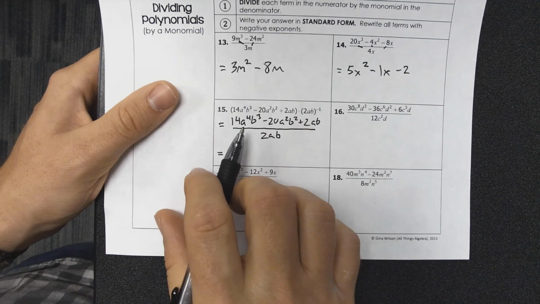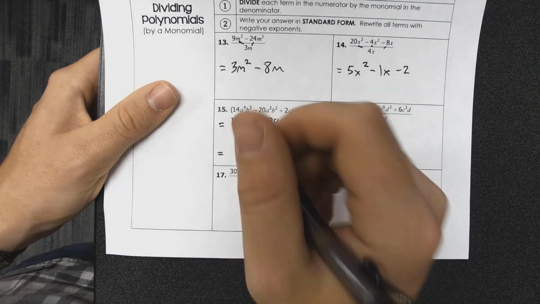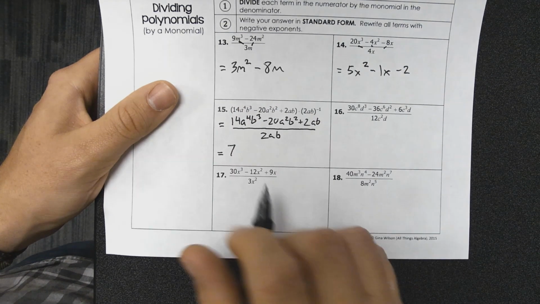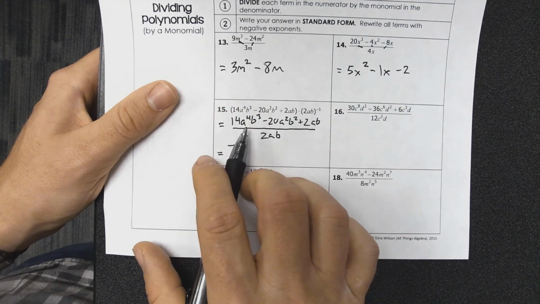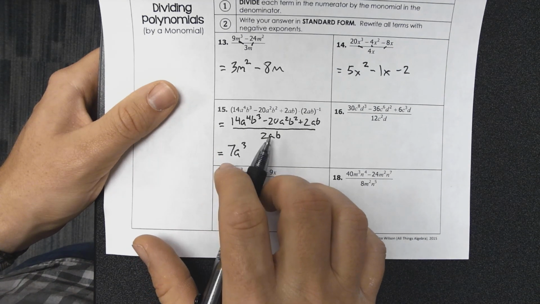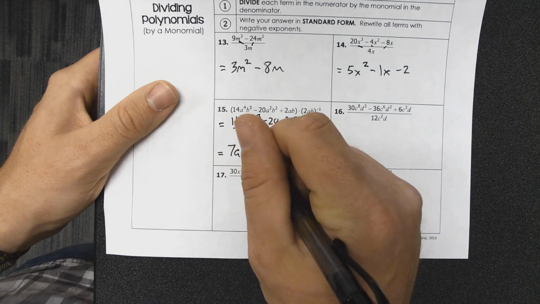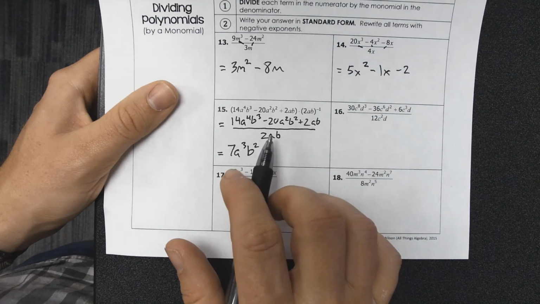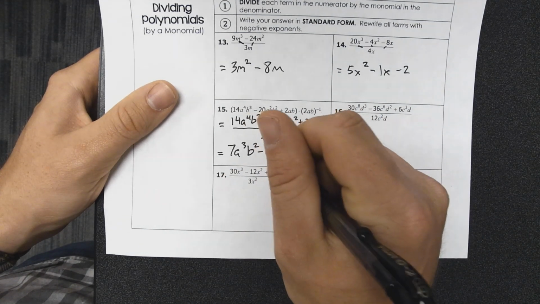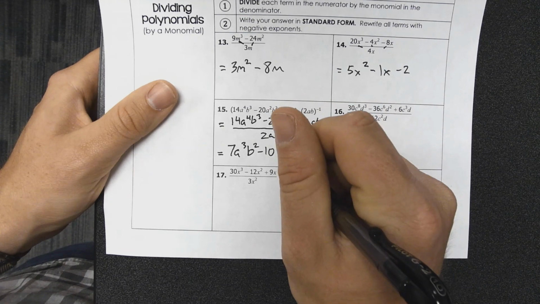So I got 14 divided by 2, which is 7. A to the fourth divided by a is a cubed. B to the third power divided by b is b squared, just subtracting the powers. And go on to the next term. 20 divided by 2 will be 10. A squared divided by a is a.